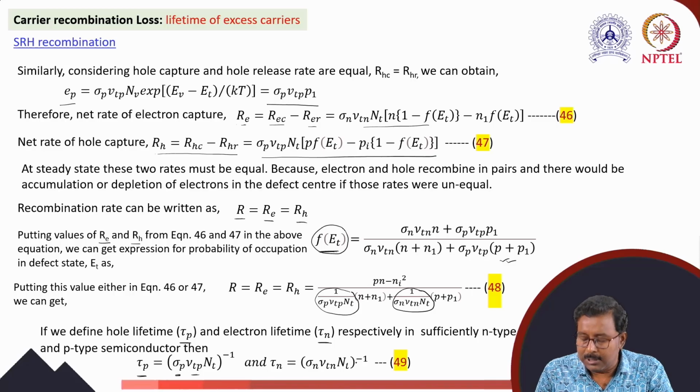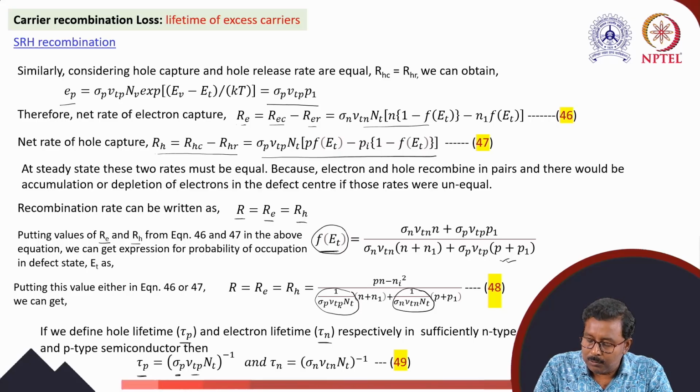So if you multiply with N_T, the number of trap states per volume, obviously that gives you the time, average time, that indicates the carrier lifetime.